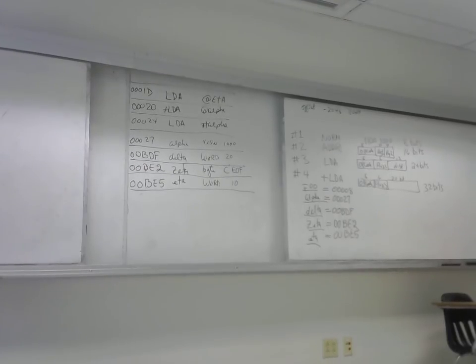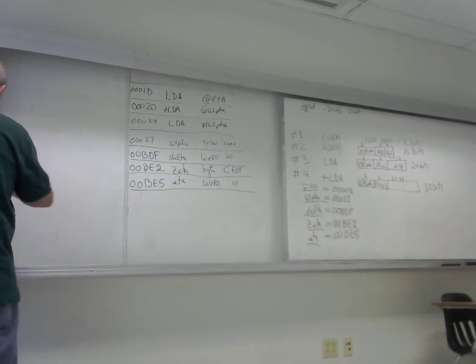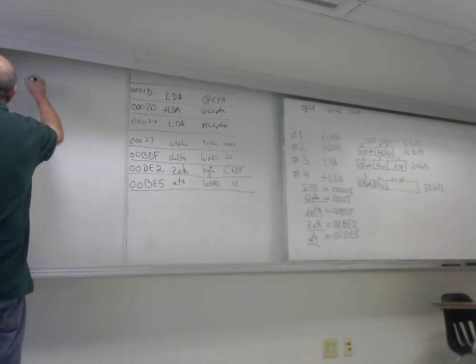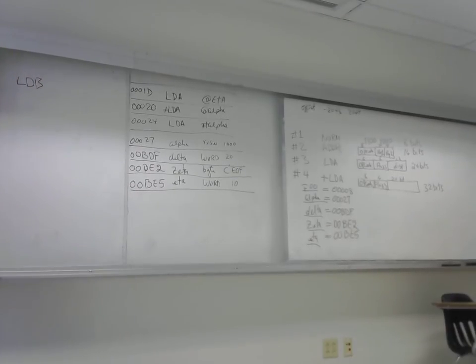So let's see here. Get some scratch. LDB. So this is a format 3.4 instruction. Format 3 can then have a plus in front of it. And LDB is 6.8. 6.8.